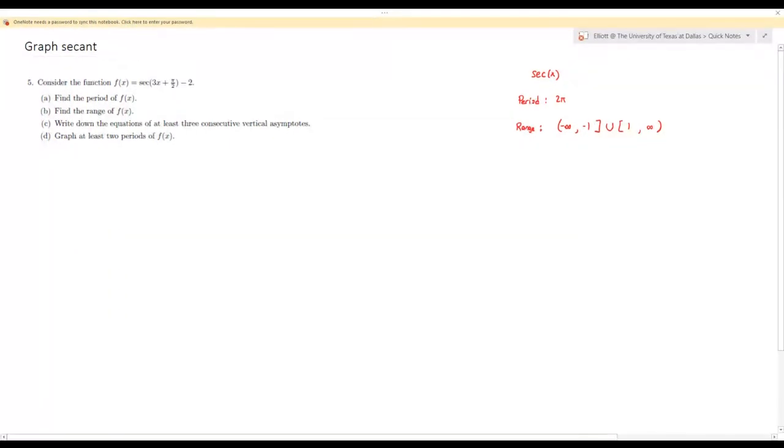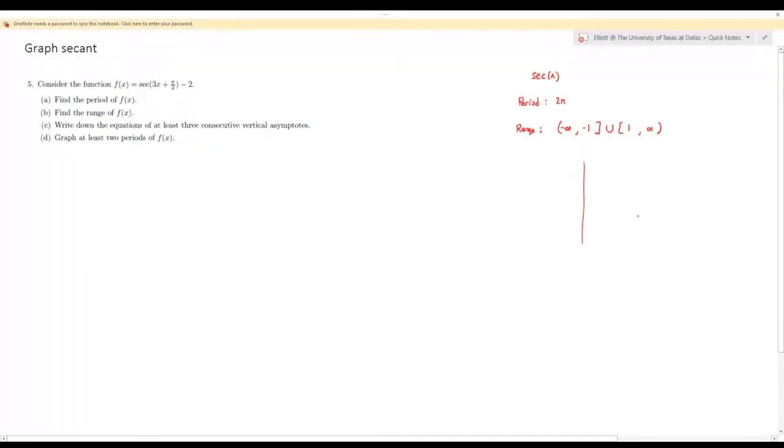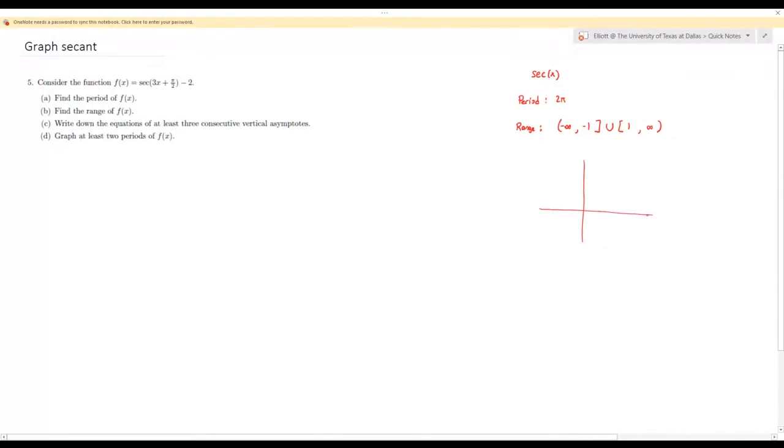Yeah, very good. Its graph looks something like this. I'll just draw one period of it. So it's 1 over cosine. So secant has some vertical asymptotes.